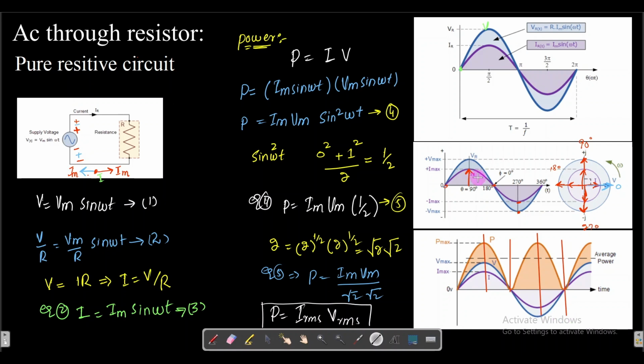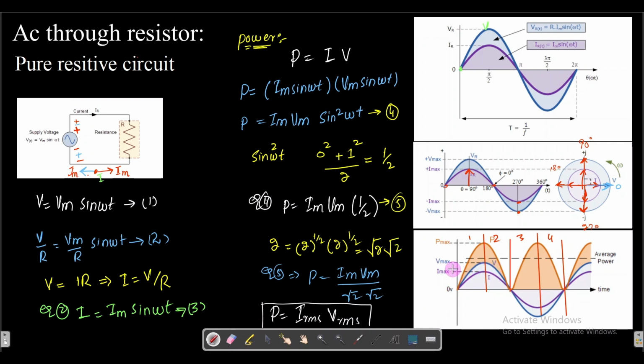So this is the first quadrant, this is the second quadrant, third quadrant, and this is the fourth quadrant. After the fourth quadrant one cycle will be complete.